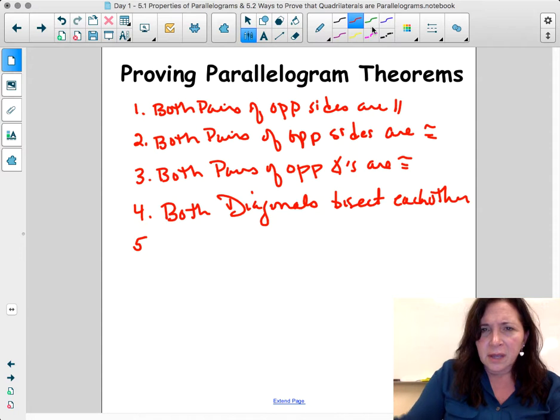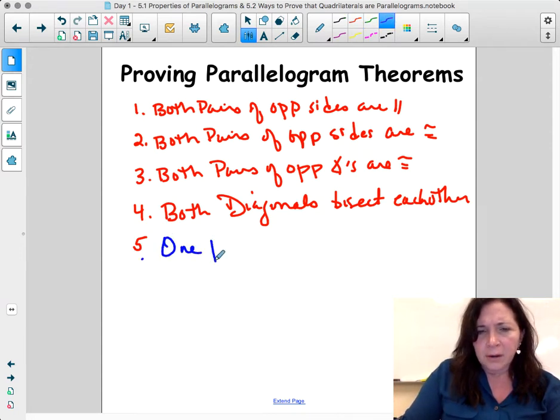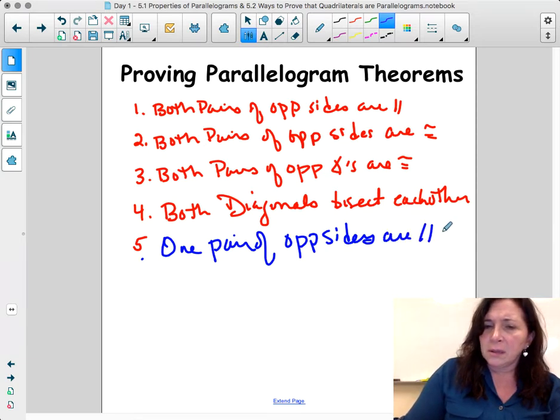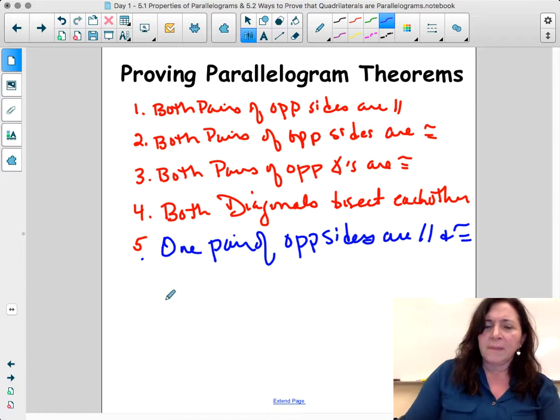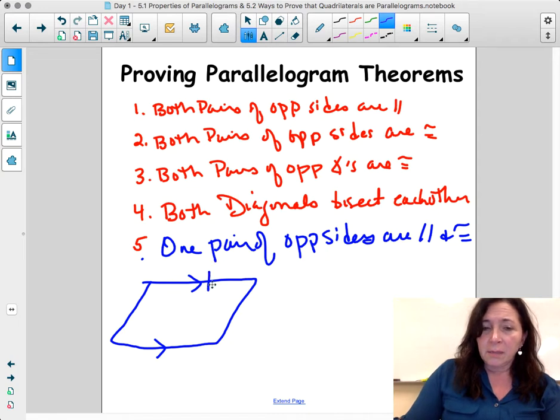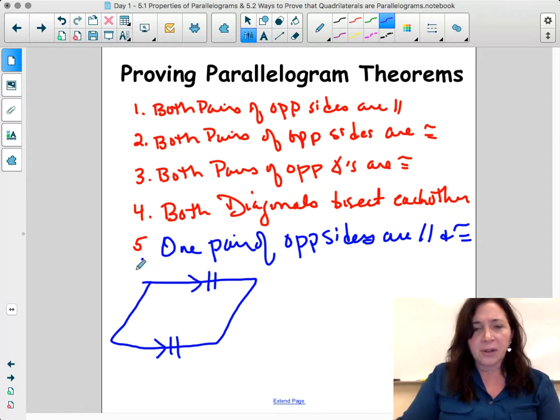There is one more that we haven't gone over yet, but I did want to introduce, and that was that if you have one pair of opposite sides, and they are parallel and congruent, then it is a parallelogram. And what that means is if I have a quadrilateral that has one pair of opposite sides that are parallel, and they're also congruent, that makes that a parallelogram.